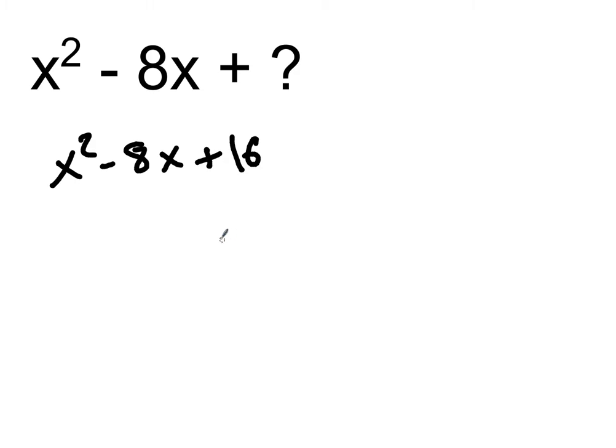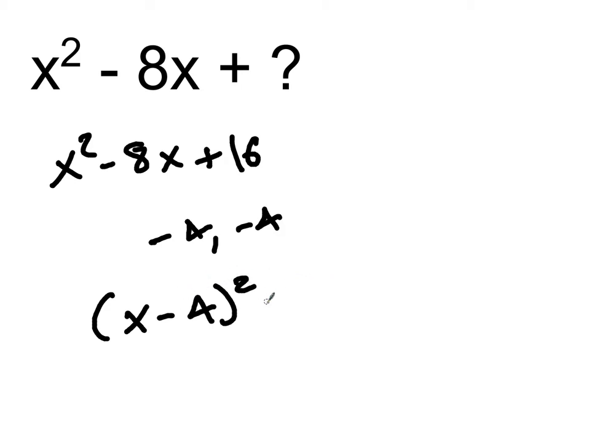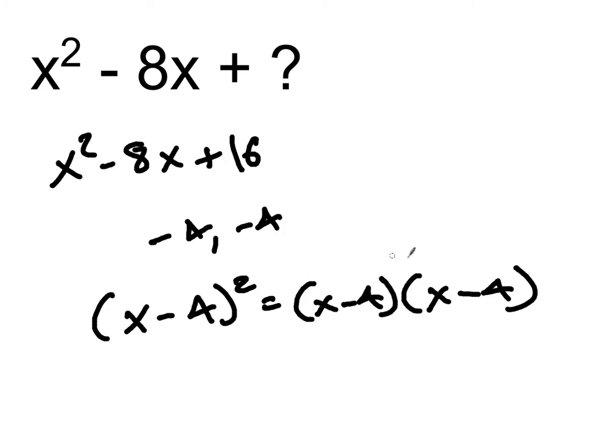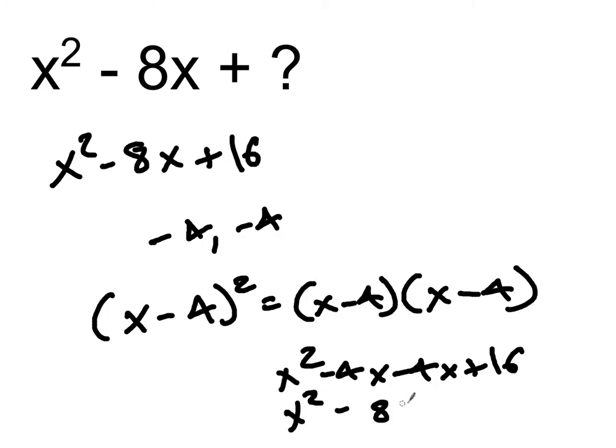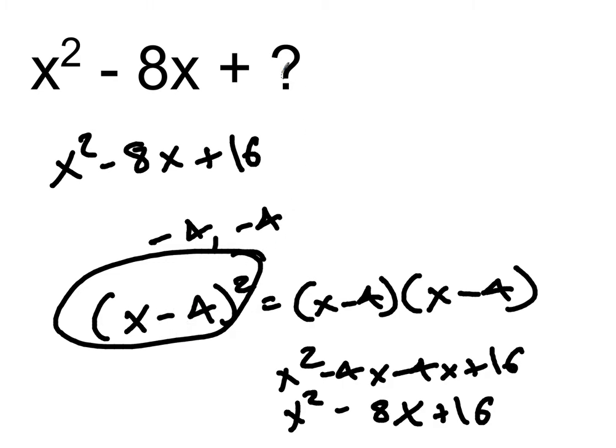If it's a positive 16, then I can say negative 4 and negative 4 are my factors, and I can write x minus 4 squared. This is the same thing as x minus 4 times x minus 4. If I FOIL this out, I get x squared minus 4x plus 16, which is what we started with. So this is what we can factor it to.